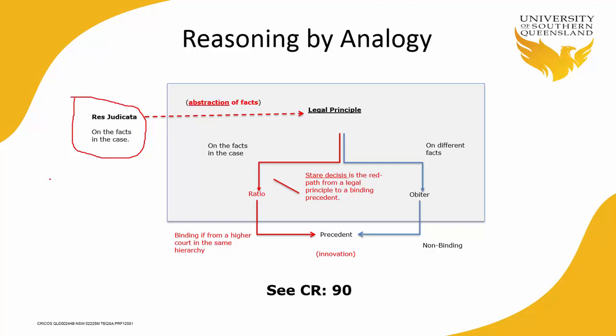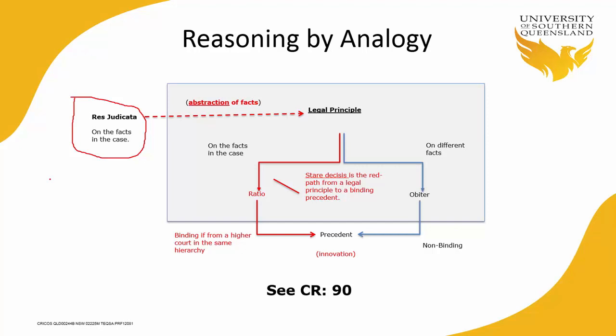So if I'm arguing a case in relation to negligence, and let's assume that I'm arguing the case where the decision in Donoghue and Stevenson is still binding, let's just assume that. That means that the case was decided in the same hierarchy of courts where I am actually arguing my case, and usually it will be a higher court.